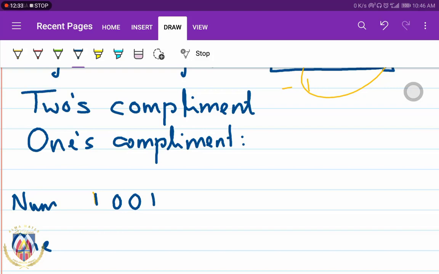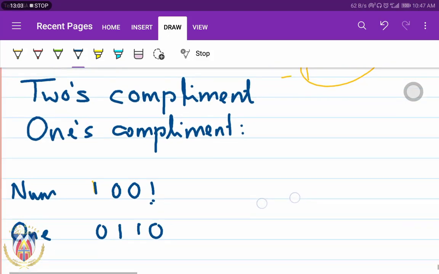If I subtract this 1 from 1, I get a 0; 0 from 1, I get a 1; 0 from 1, I get a 1; 1 from 1, I get a 0. So to get the 1's complement of a number, you simply have to invert the number. If it was a 1, it becomes a 0. If it was a 0, it becomes a 1. That's all you have to do to get the 1's complement.